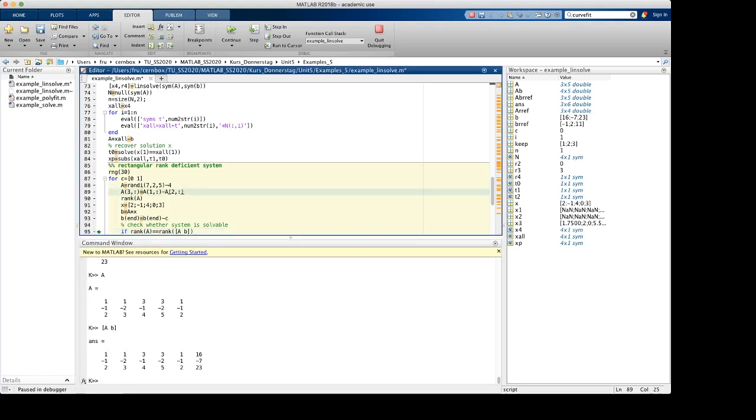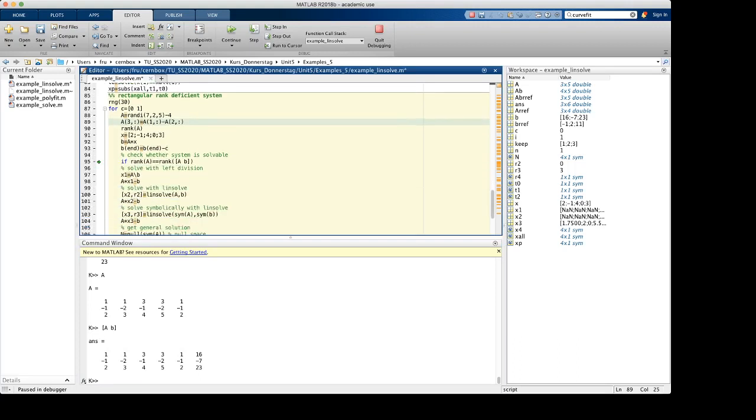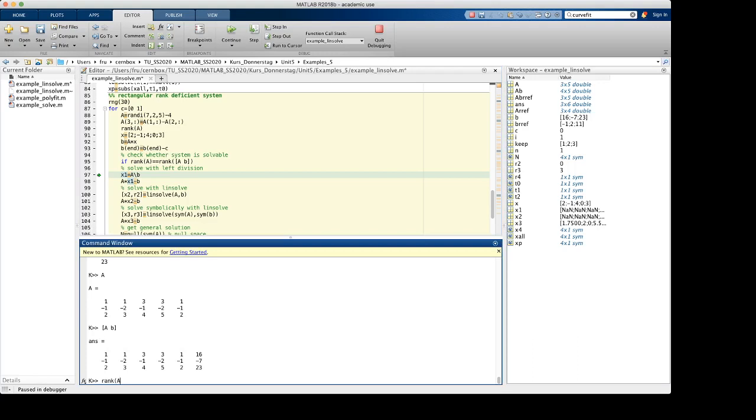Now, if these two ranks are equal, then the system is solvable. c was 0 in the first iteration in the loop, so these ranks should be equal. We can verify that very easily. Rank is 2 in both cases, so we have solutions.